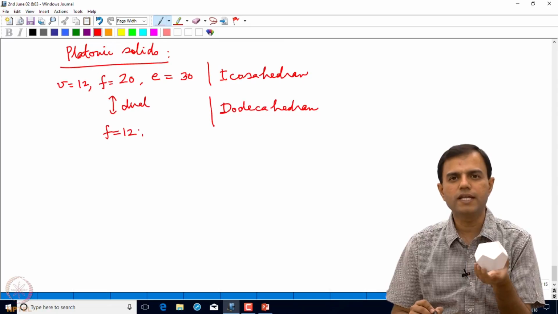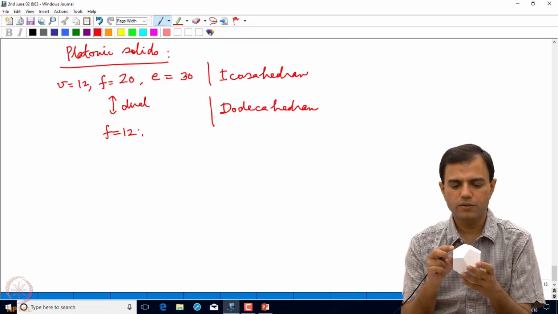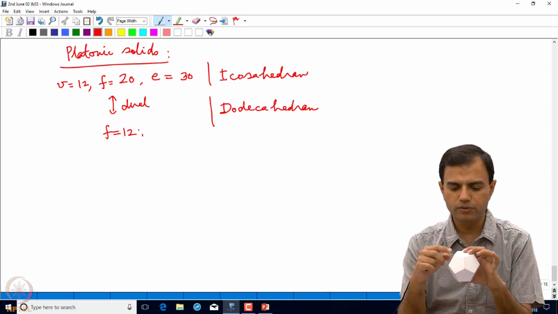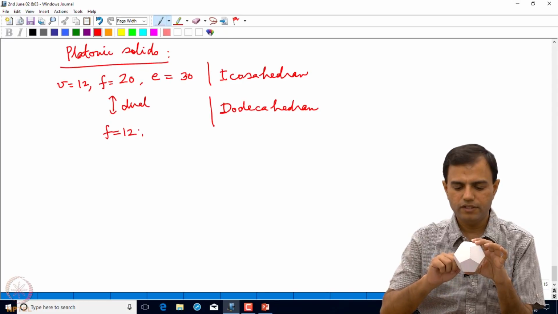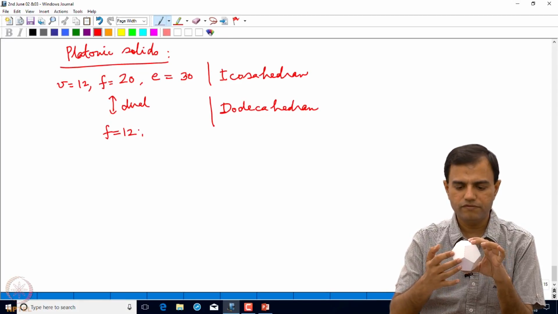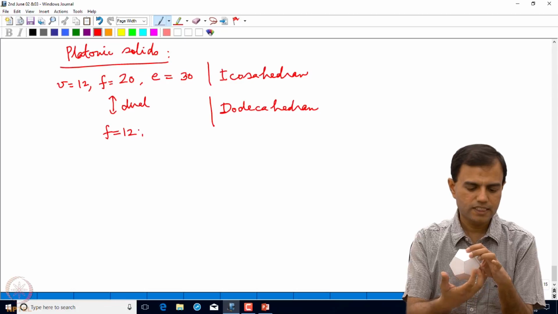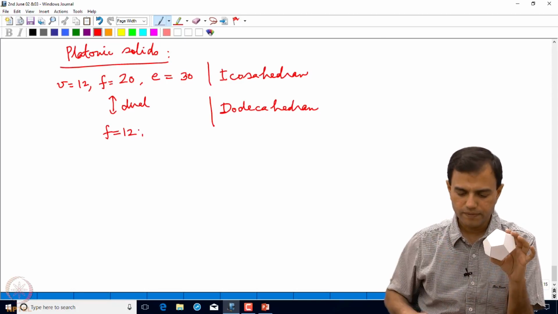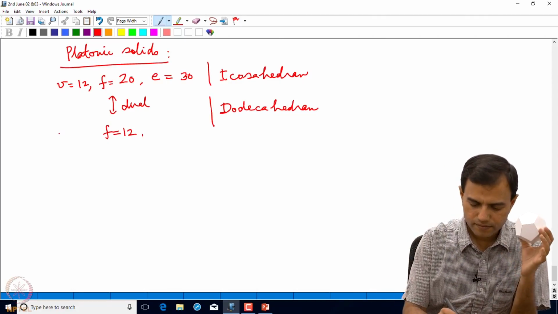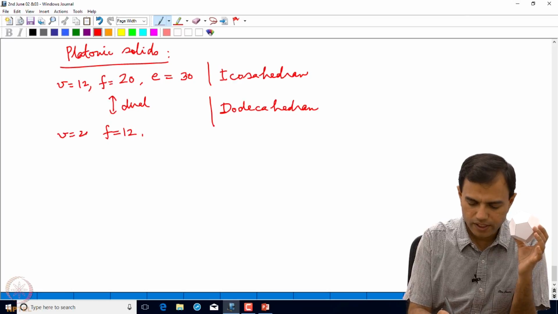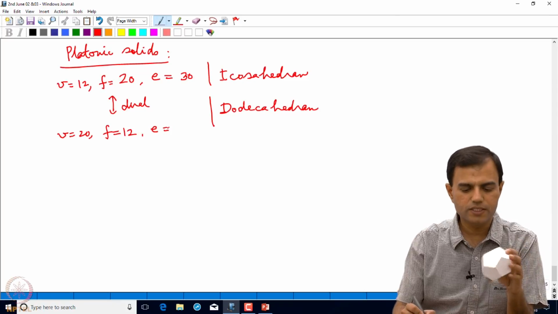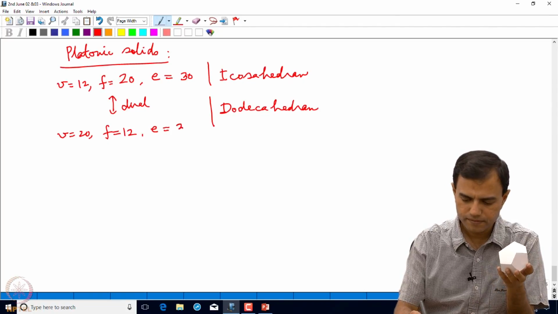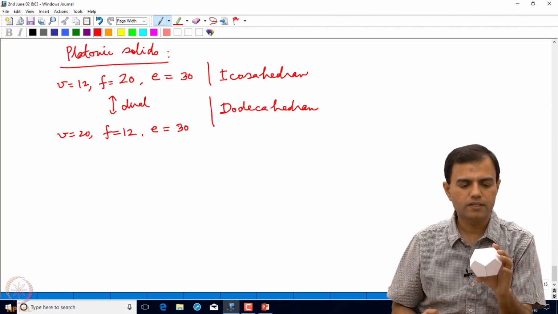And how many vertices does it have? Let's count: 5 up, 5 down, 10, and then 11, 12, 13, 14, 15, 16, 17, 18, 19, 20. 20 vertices and the number of edges is 30. That is the Dodecahedron.